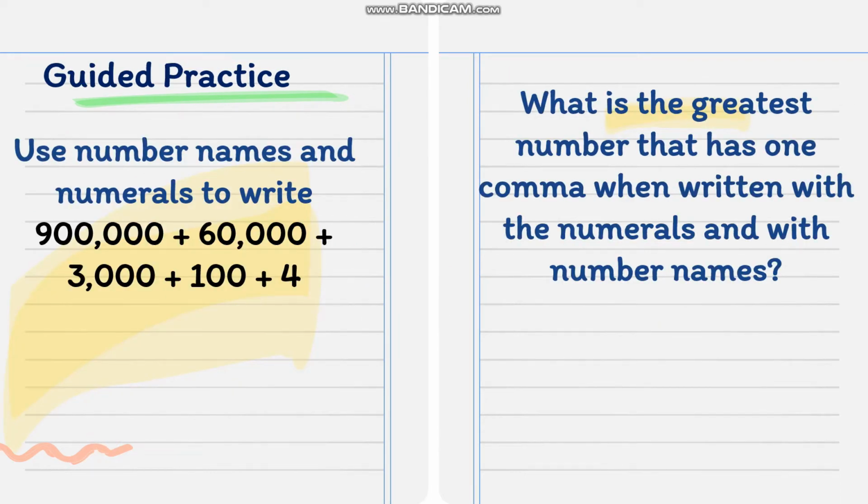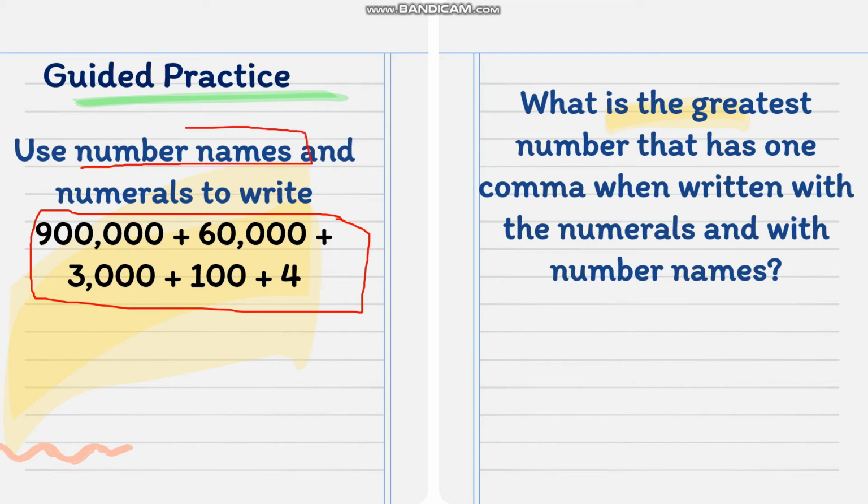Use number names and numerals to write 900,000 plus 60,000 plus 3,000 plus 100 plus 4. So this given is what we call the expanded form. You're going to use number names, which means the word form, and we're going to use also the numerals, or what we call the standard form. So in order to change it, we're going to add first all of this.